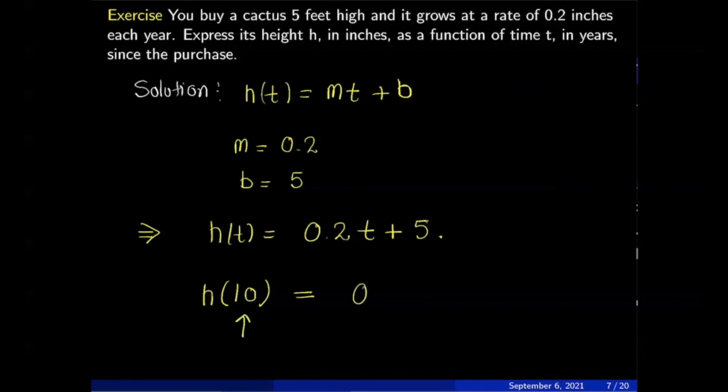So that will be 0.2 times 10 plus 5, because 5 was the original height and that much will be the increase in the height of the cactus. So therefore, this is equal to 10 multiplied by 0.2, which is 2, plus 5. So your cactus will be 7 feet in height after 10 years.